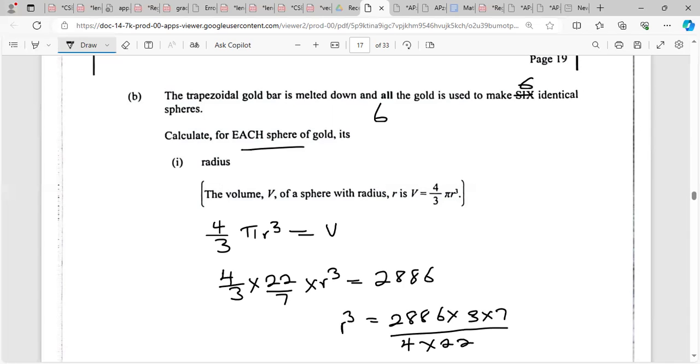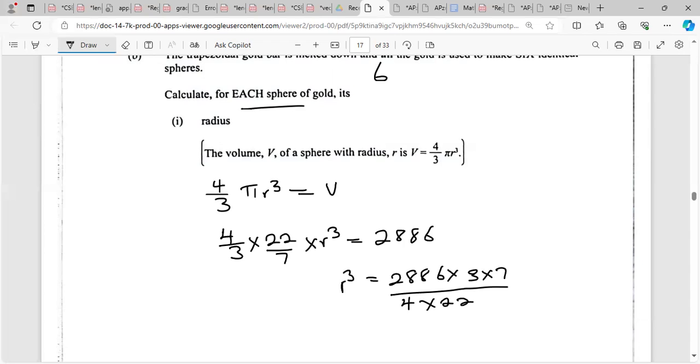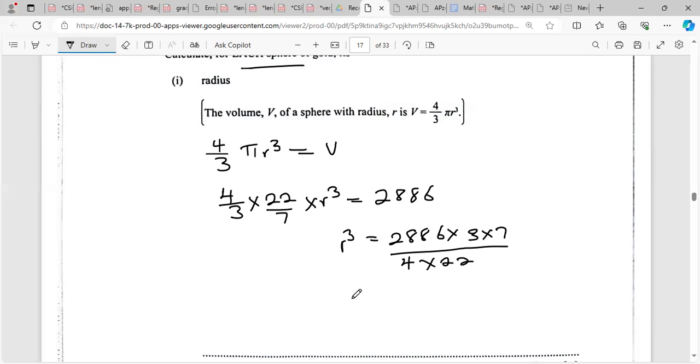We work out that. And then we need to divide it by 6, because they say 6 of them. One way I find it, but it's 6 identical, so the size comes down. So 2886 times 3 times 7 gives me 60606. And then that's our 88.